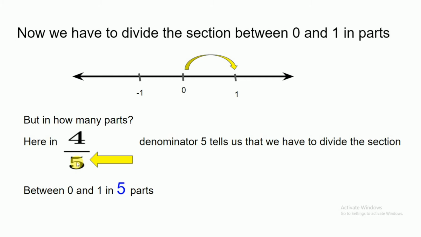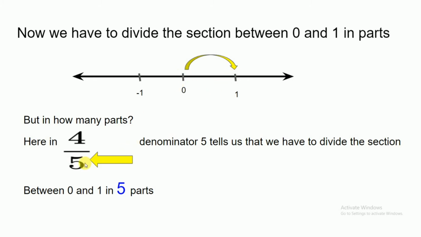The denominator tells us how many parts to divide the section into. If the denominator is 5, we would divide 0 and 1 into 5 parts. If the denominator were 6, we would divide 0 and 1 into 6 parts.